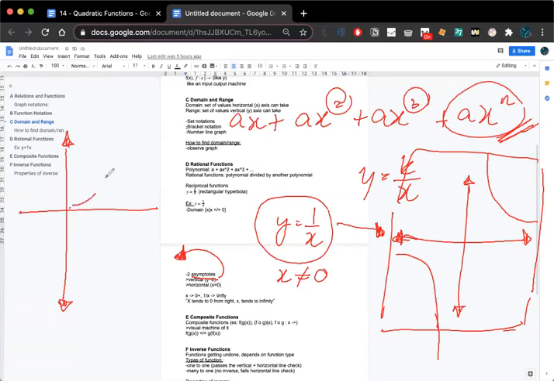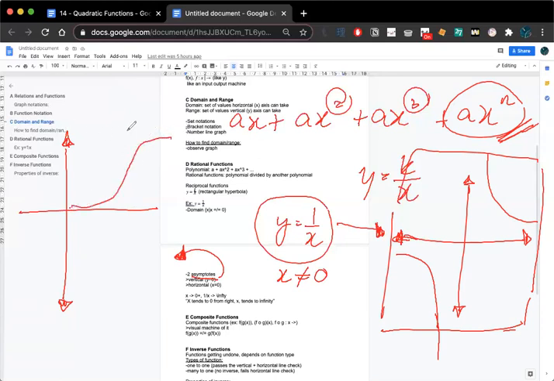Typically, you will always have that one value that the graph is approaching, but it's not equal to that value. It's very, very close to equal to it, but just not quite.